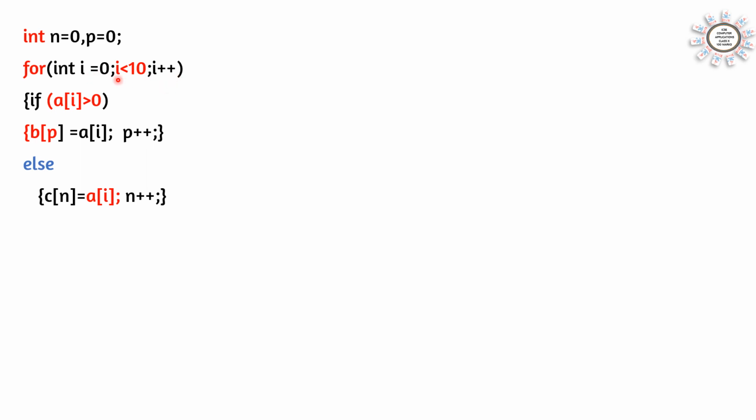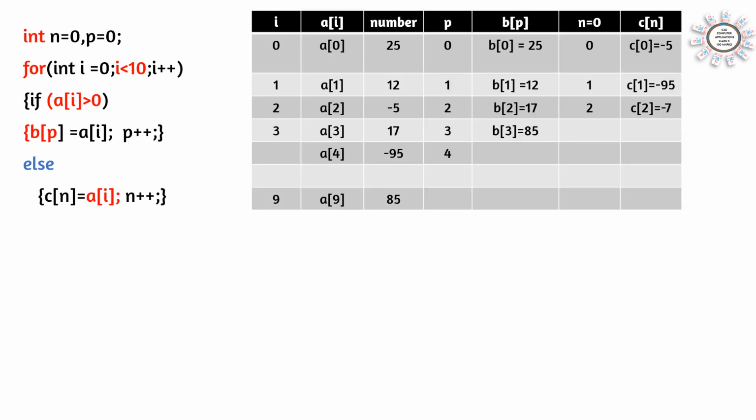So i = 0, i < 10, i++. Start the array from the 0 position, and A[i] means the particular number. First time i is 0, that means A[0], we will check the number. Then i is 1, then A[1], the number will be checked. i is 2, A[2], the number will be checked. So one by one we are checking the numbers.